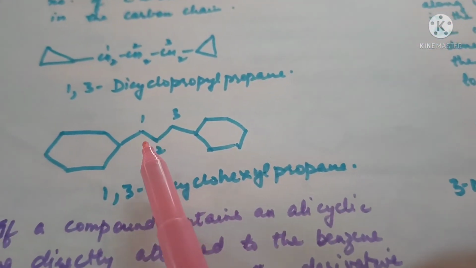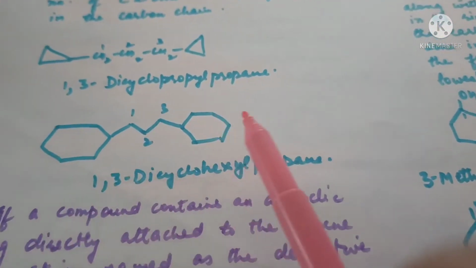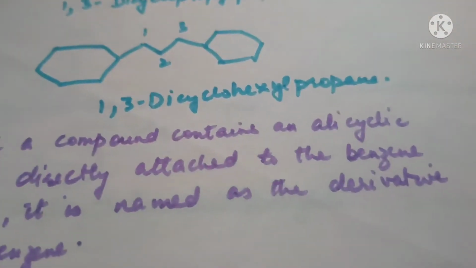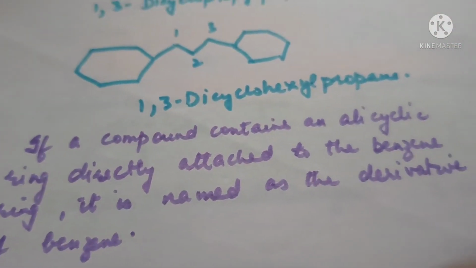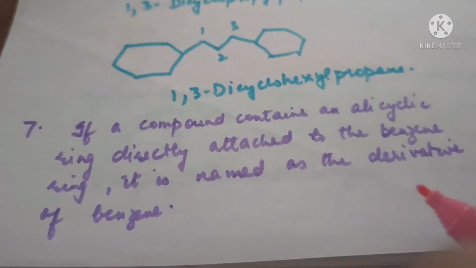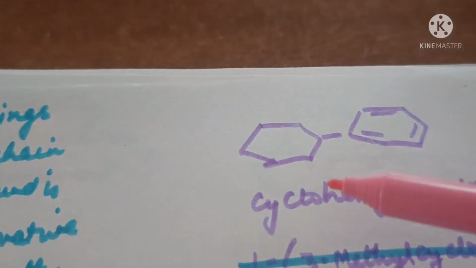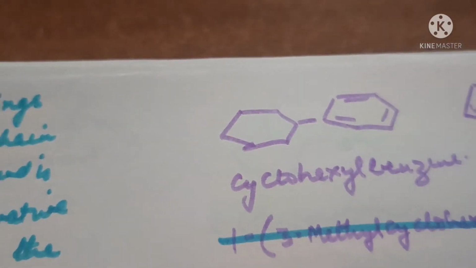This will be 1,3-dicyclohexyl propane. If a compound contains an alicyclic ring directly attached to the benzene ring, it is named as the derivative of benzene. So this will be cyclohexyl benzene.